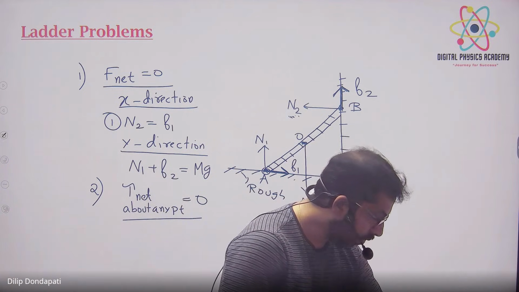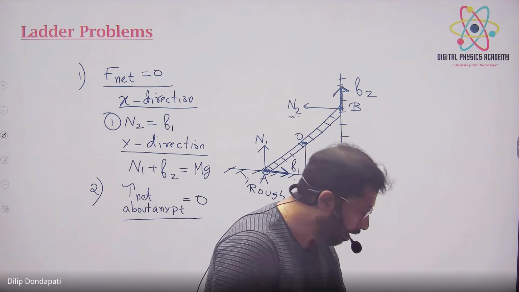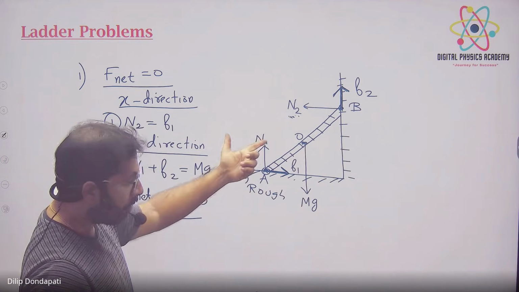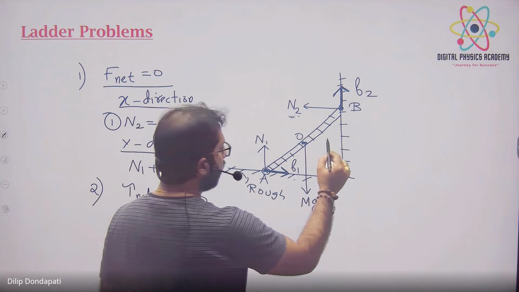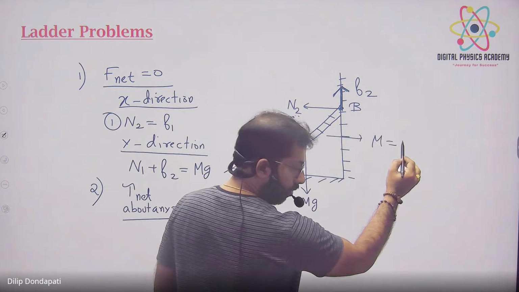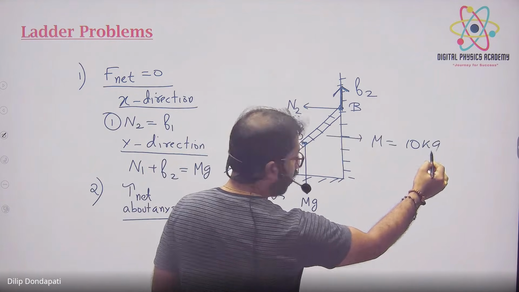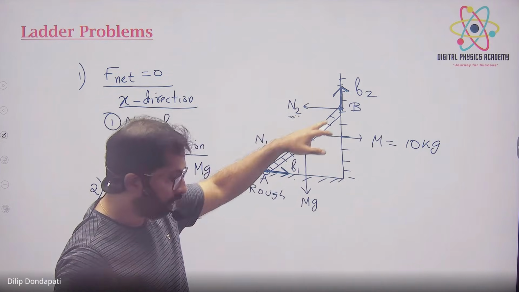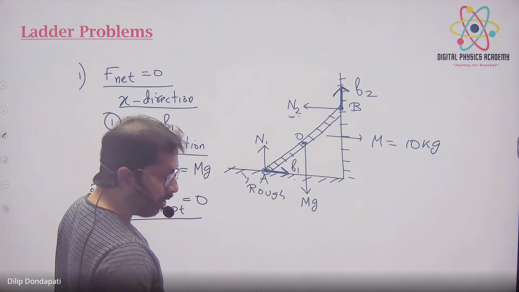Okay. Now एक question दूंगा आपको, solve करो in terms of numbers में. ये इसका mass है, ladder का mass है m is equal to 10 kg. Leans against a smooth vertical wall, a smooth vertical wall है. Okay. And angle they given as 37 degrees.